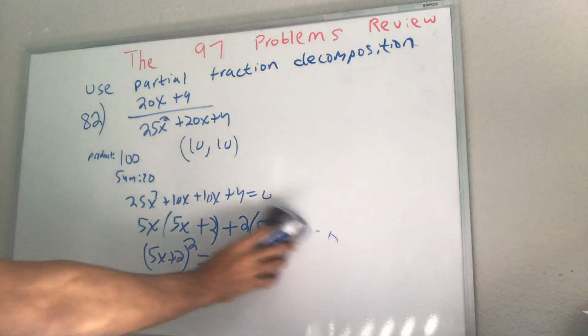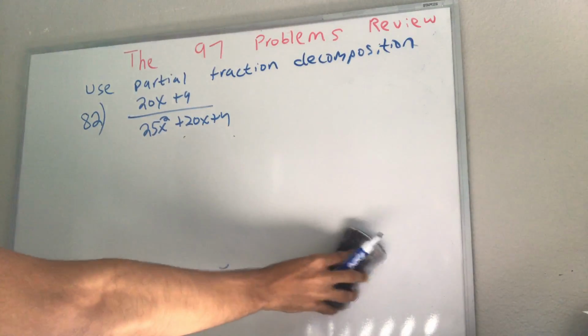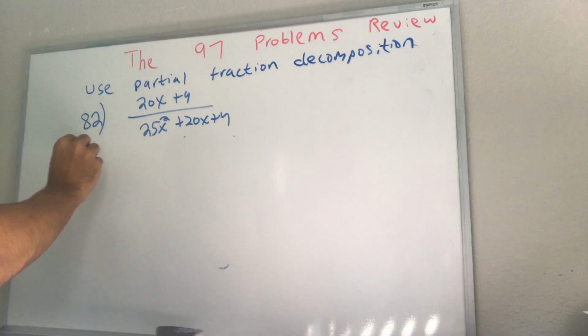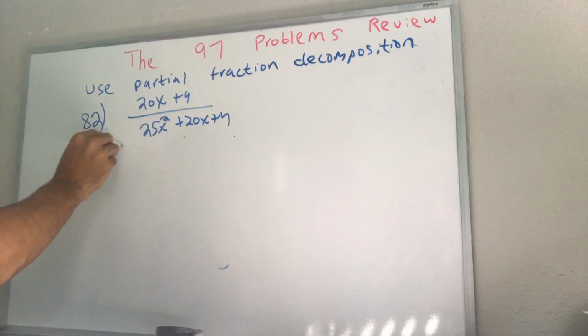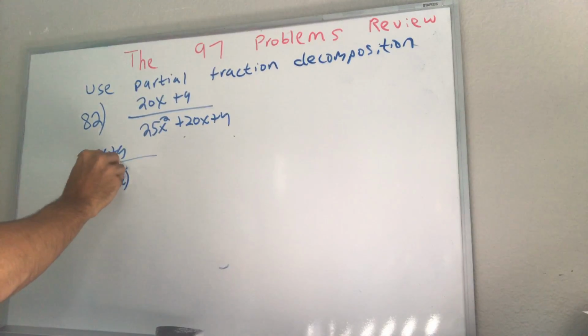So this is what we have here. When we factor the denominator, we have 5x plus 2 squared. So we can write this as 20x plus 9 all divided by 5x plus 2 squared.